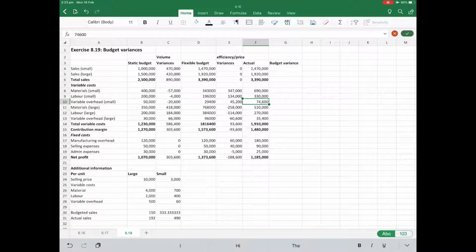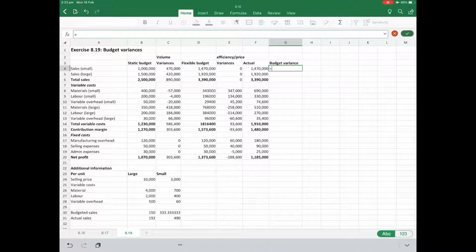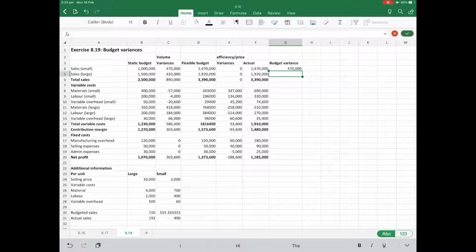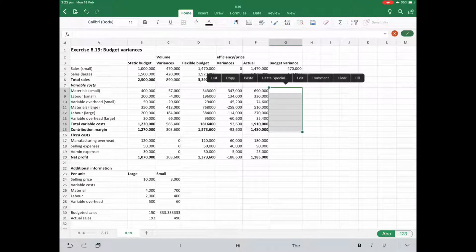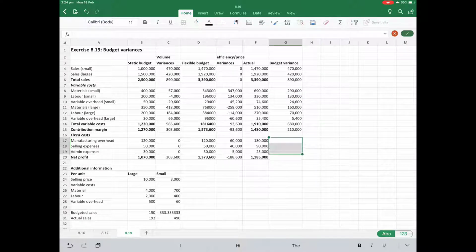Okay, so here, if you want to calculate the budget variance, which is simply the difference between the actual figures and the very beginning budget, then you can also do that. The question does not require us to do it, but again, I just want to show you so that you know.